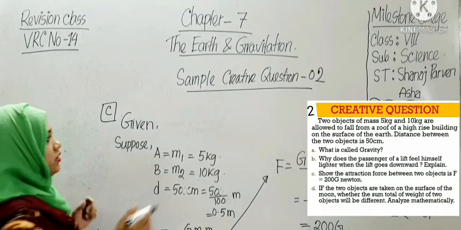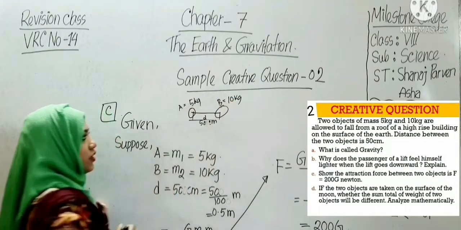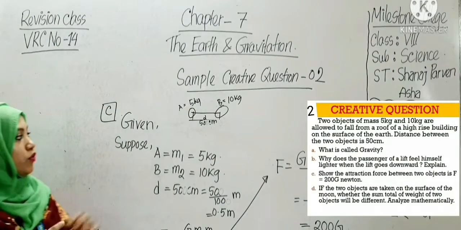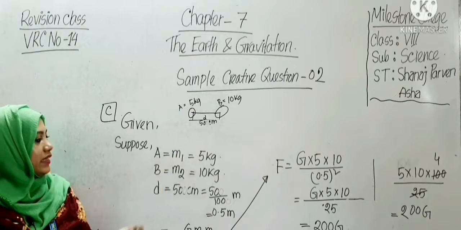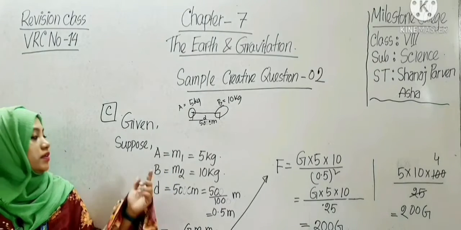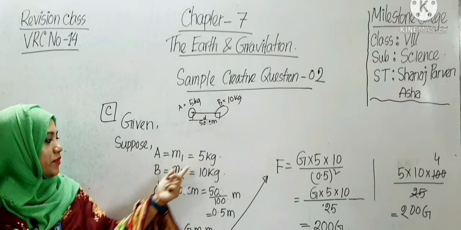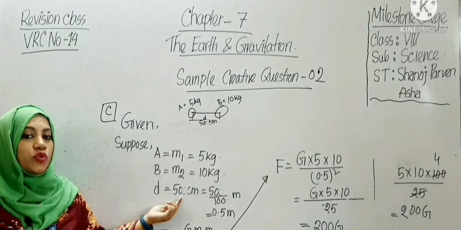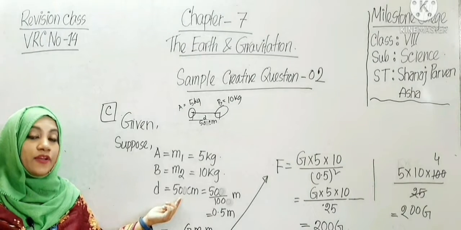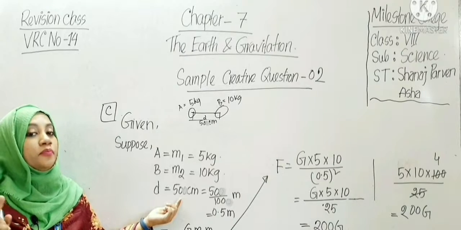I have given this one name A, this one B. So following this step, we will write: A is M1, B is M2. M1 is 5 kg, M2 is 10 kg. Fine. And we have to convert the distance to meter.